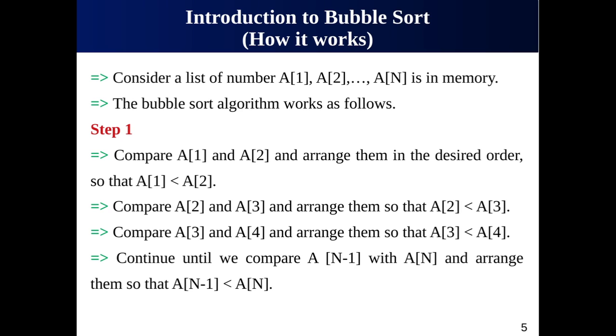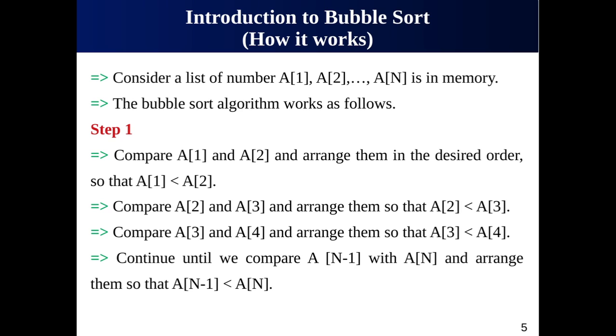After comparing the first two adjacent elements, you now have to compare the next two elements, that is a2 and a3. So compare a2 and a3 and do the same thing. Arrange them in a logical order. What is logical order? Logical order is that a2 must now be less than a3.